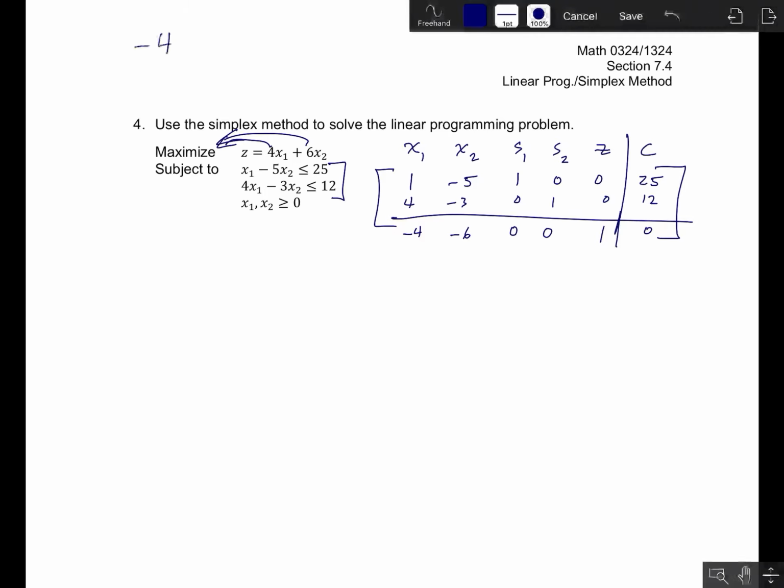You can also take the time to rewrite these initial equations. So this is what you would get from rearranging the objective row. This is what you would get if you added that first slack variable to the first inequality to turn it into an equation.